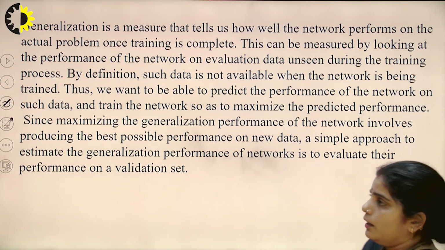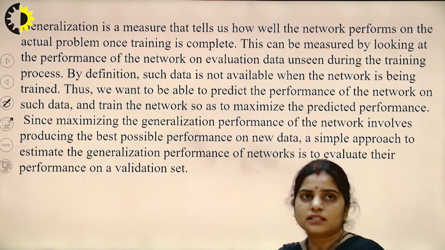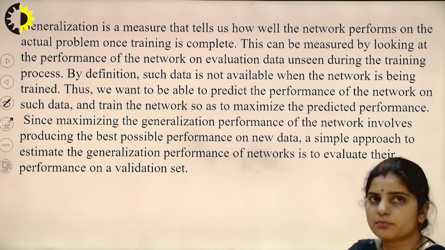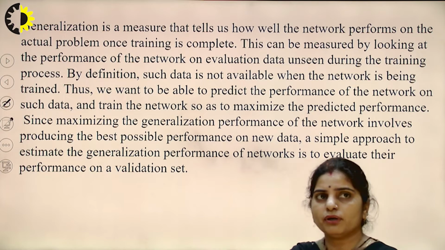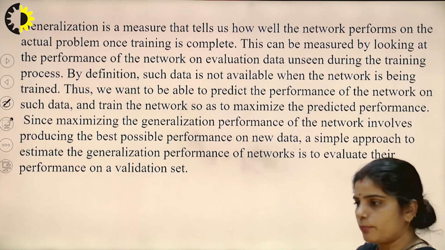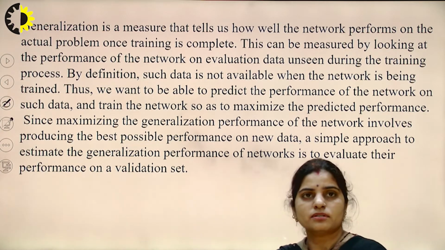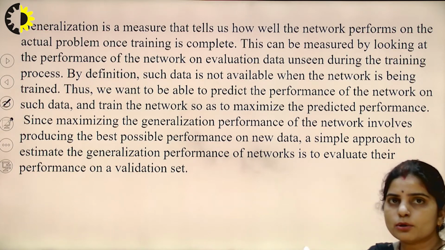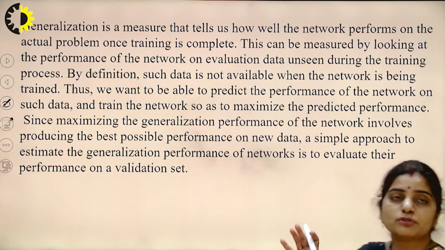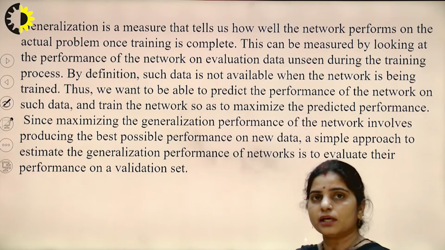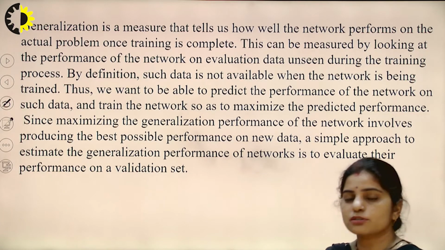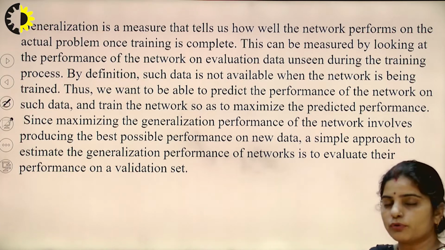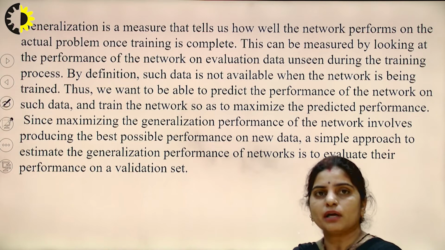In short, generalization is a measure, an estimation, which tells how well the network performs on the actual problem after the training process is completed. It can be measured by looking at the performance of the network on the evaluation data, just like I discussed about the three kinds of data sets. One of those three data sets was the evaluation data set.